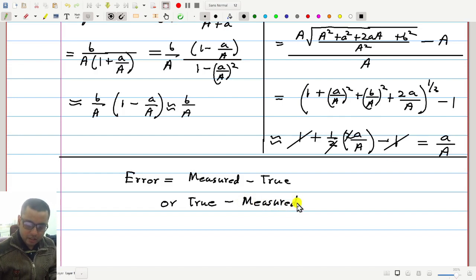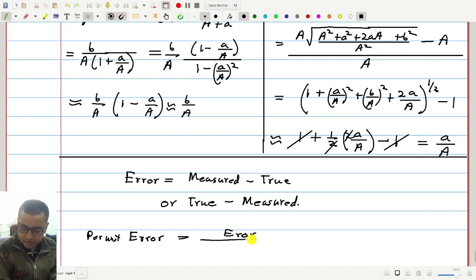Oh, acha. Okay, so your question is relative error or per unit error, whether this is error by measured value or whether it is error by true value.